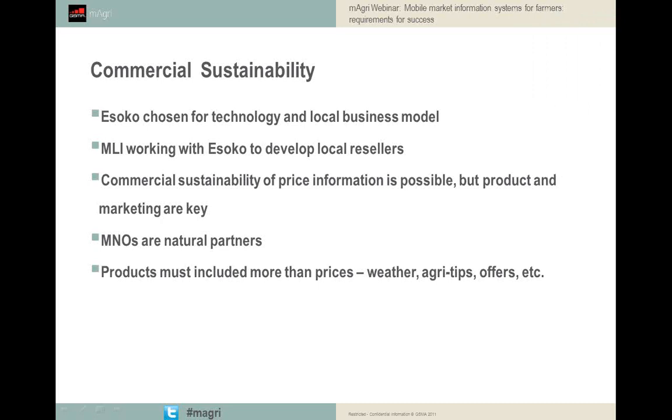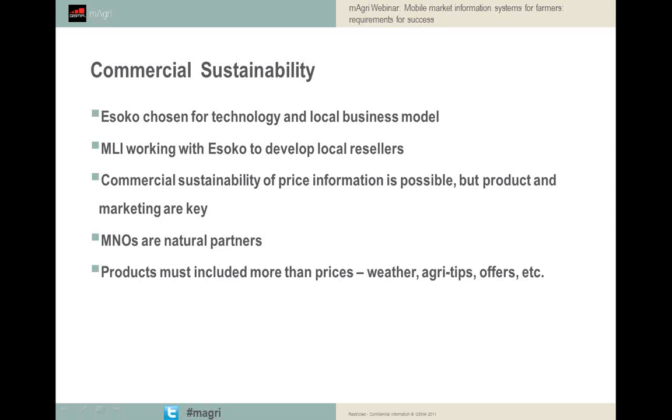Now, I think that commercial sustainability of price information is possible, but there are a lot of constraints, and marketing is one of the biggest ones. If you have to reach an enormous universe of subscribers paying small amounts in order to make this sustainable, then marketing is absolutely key.